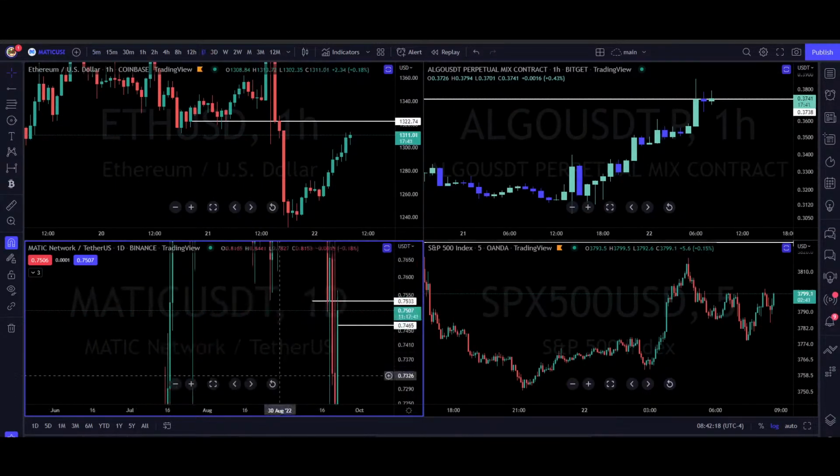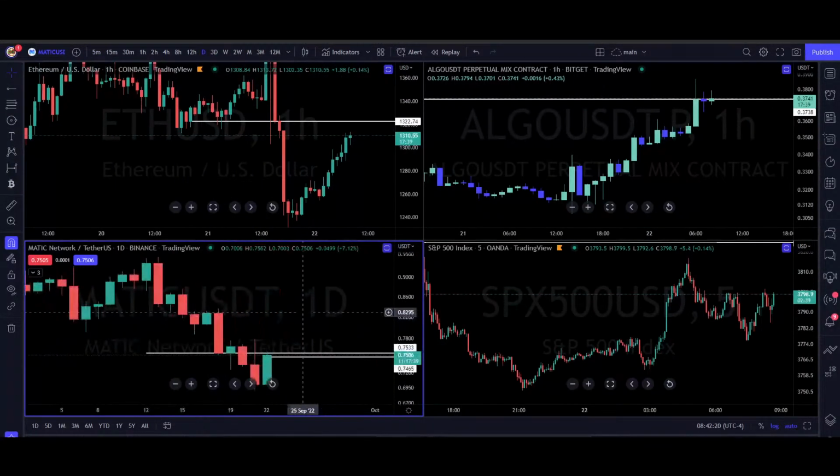That's a nice little spike back up into supply. So we'll see if it holds here.